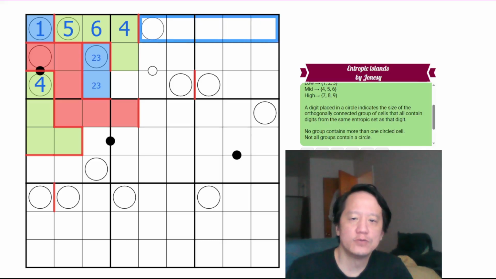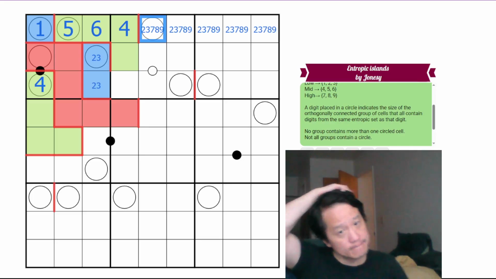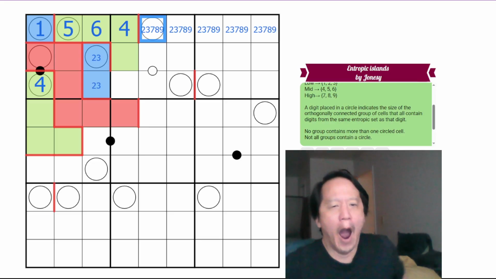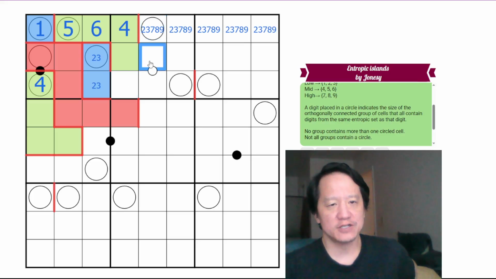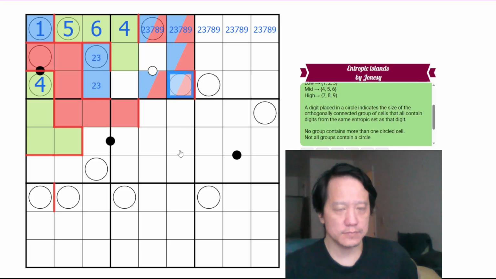Remaining digits in row 1. We have 2, 3, 7, 8, and 9. We know the other middle digit has to be one of these. So the remaining digits in this box all cannot be middle. They all have to be low or high.